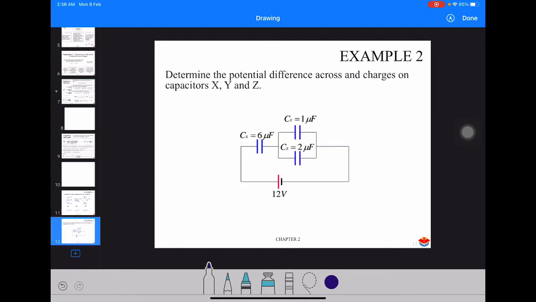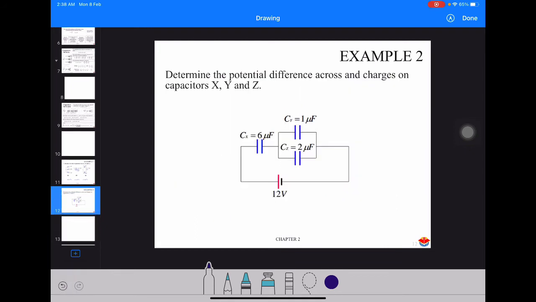For example 2, normally in the exam, the question will be something similar to this one, like example number 2. They ask you to calculate C effective first, or maybe indirectly you have to calculate the C effective first, and then only you can solve the next one.